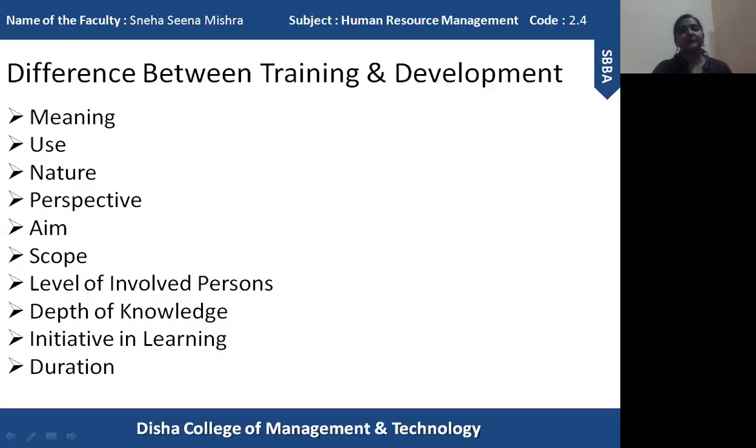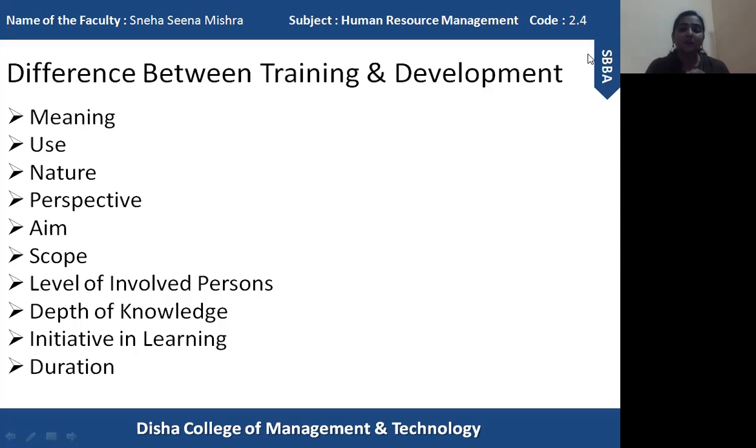The next point of difference is the use, how it is used. Training is used for imparting knowledge and skills related to a specific job. So training is used for training a particular employee for doing his or her particular job. But development is not used for a particular job.